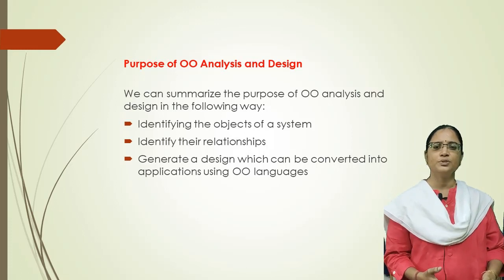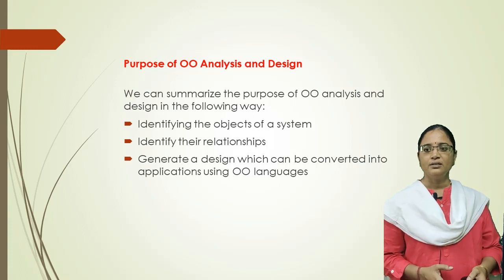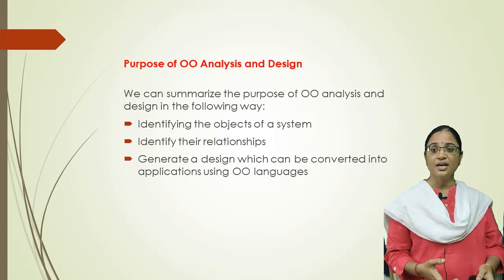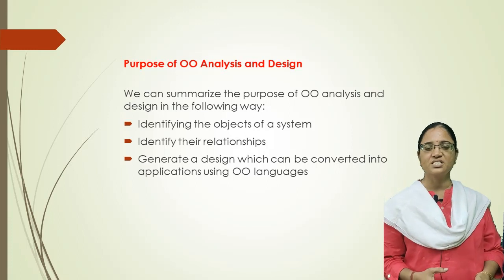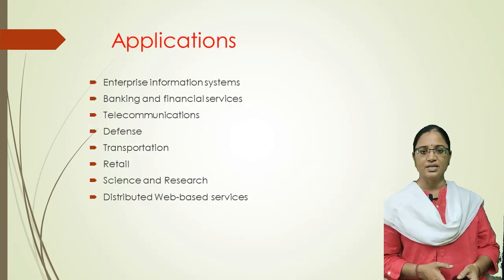It means nothing but objects. Objects are collected to form the classes, and we design the hierarchical association among the classes: generalization, specialization, inheritance, and next, designing aggregations. All this will be studied while studying classes in object-oriented analysis and design.